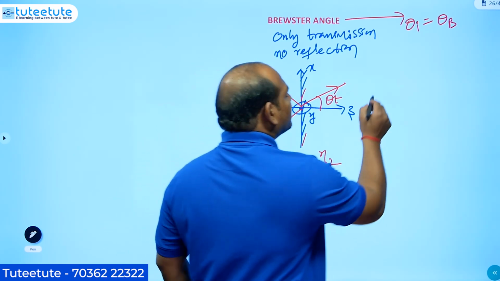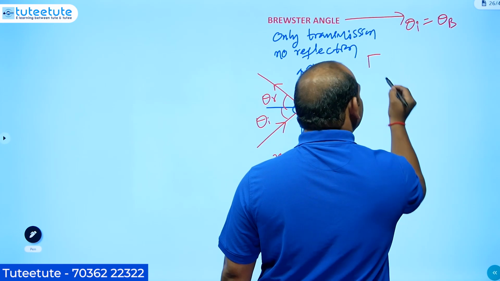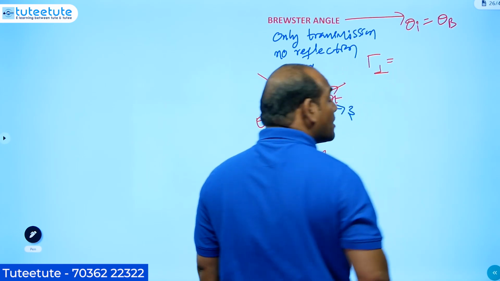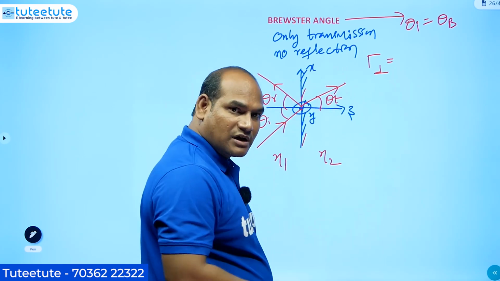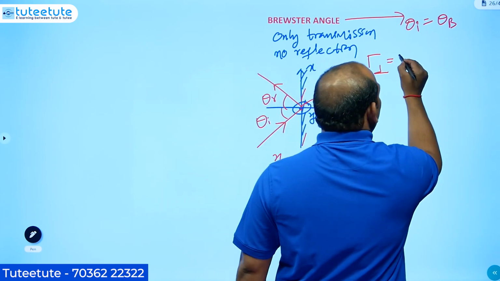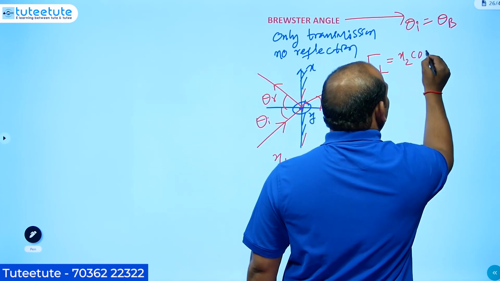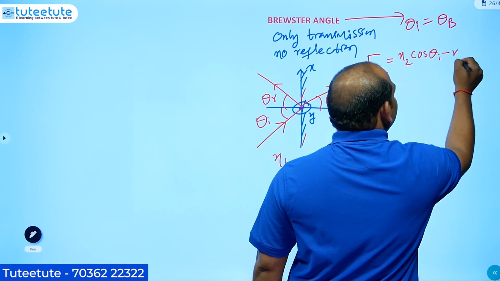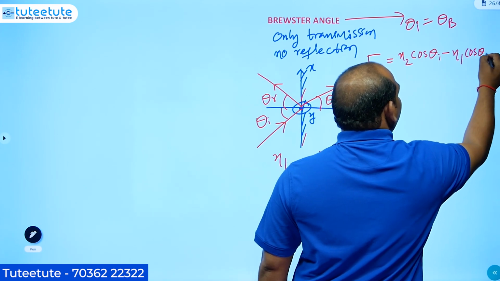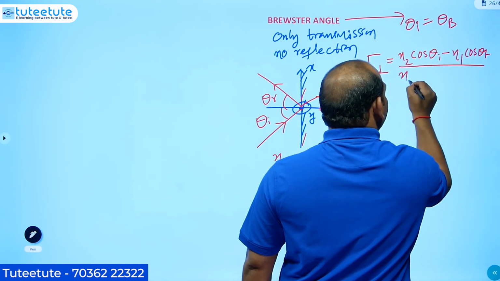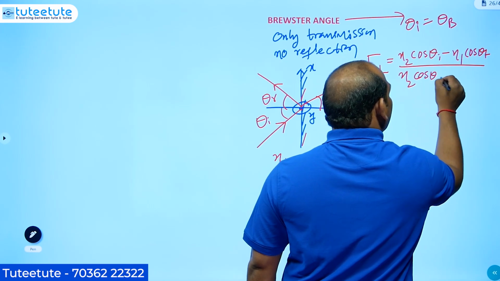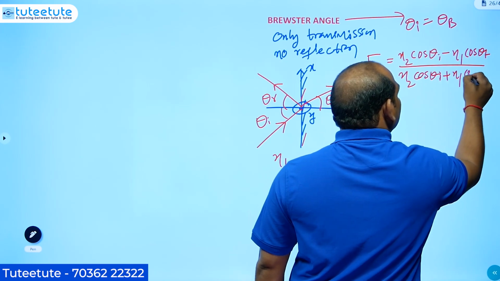That means just make the reflection coefficient equal to 0. If you take perpendicular polarization, what is the reflection coefficient formula? Gamma perpendicular is eta 2 cos theta I minus eta 1 cos theta t by eta 2 cos theta I plus eta 1 cos theta t.